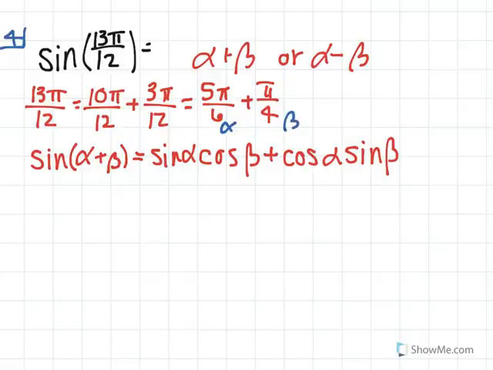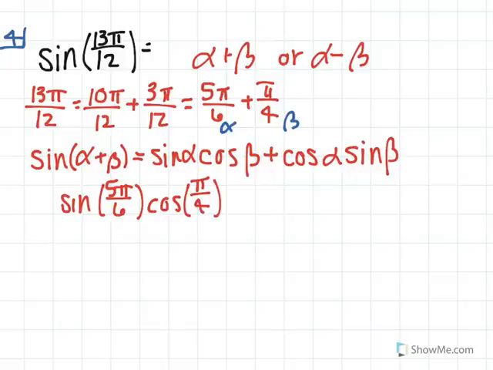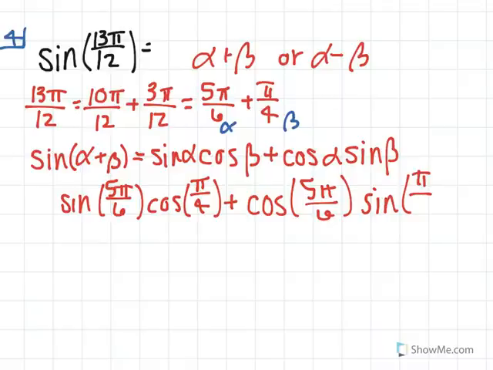So we can go ahead and plug these values in. So we're looking at sine of 5 pi over 6 cosine of pi over 4 plus cosine of 5 pi over 6 times sine of pi over 4.